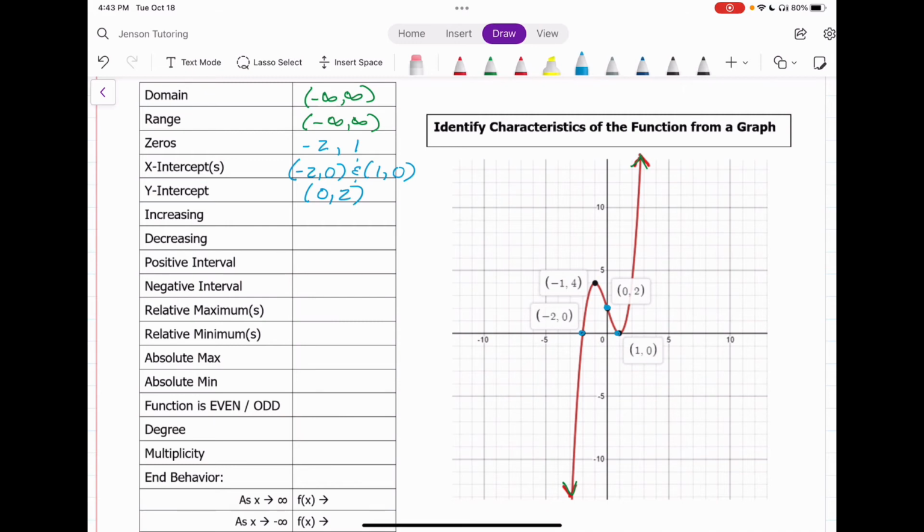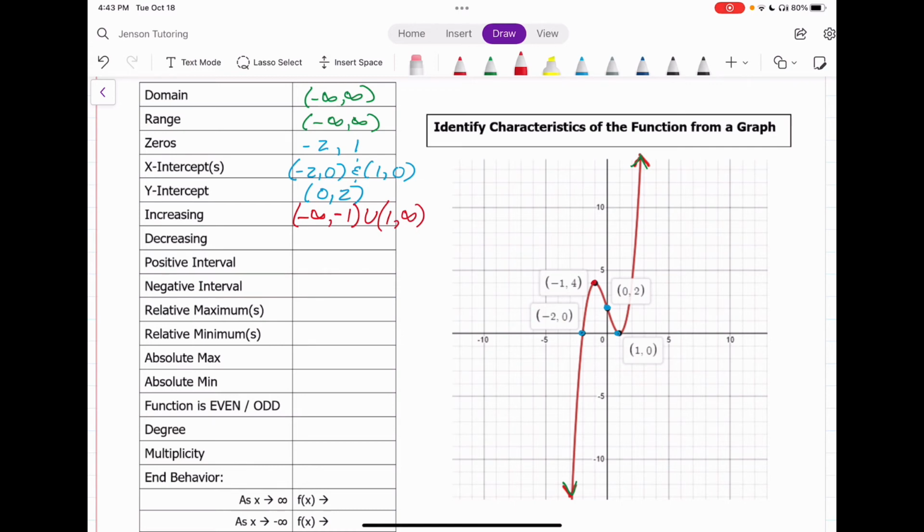Now where we're talking about where the function is increasing and decreasing, we're going to give interval notation for the x values. So the function is increasing from -infinity until we get to our point right here, so to -1, union, and then it's increasing again from x equals positive 1 until x gets to positive infinity.